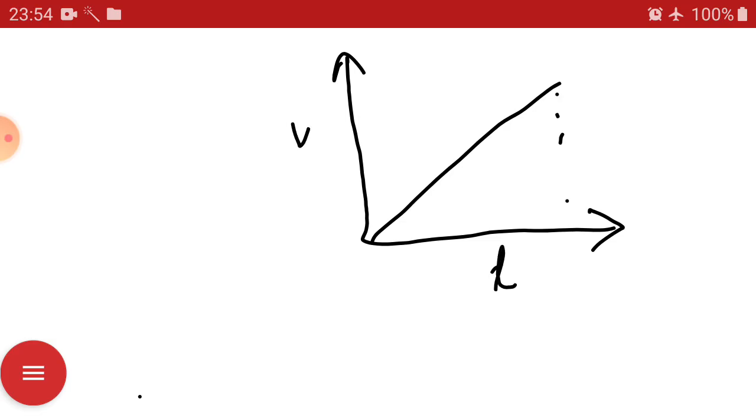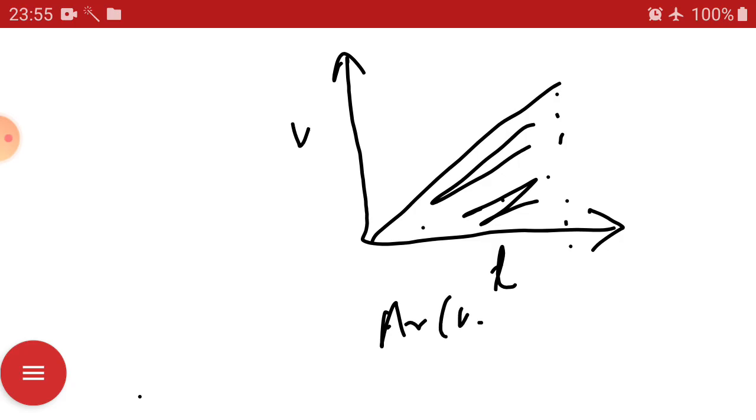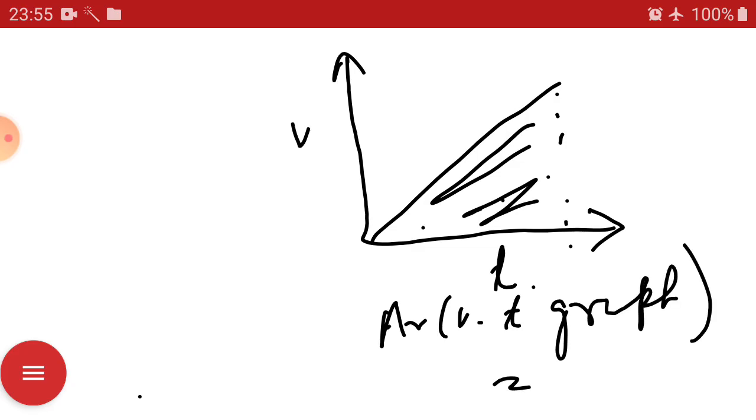So the area under this graph will give you the displacement. So area under the v-t graph will give you the displacement s. Okay, so with this concept we will derive all the three equations. So let us calculate one by one.